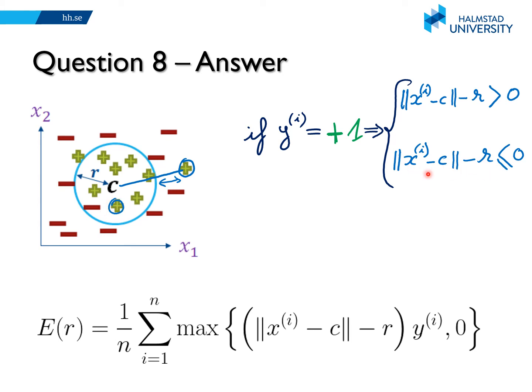So for this second case, this is fine because this means that the distance between C and X is less than R. This means that X is within this area, so it's fine. So in this specific case, our loss will take 0. But in the other case, we should have a penalty because this data point is far away from C. So the distance exceeds R, and this is the difference.